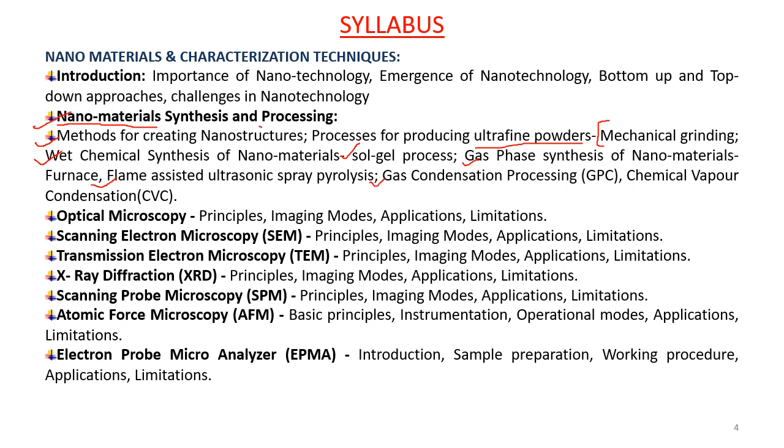Later we will know about the gas condensation process, that is GPC, and then we will look into what is chemical vapor condensation. So these are the things to be known under nanomaterial synthesis and processing.